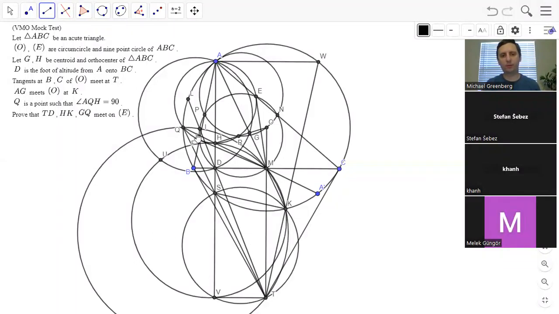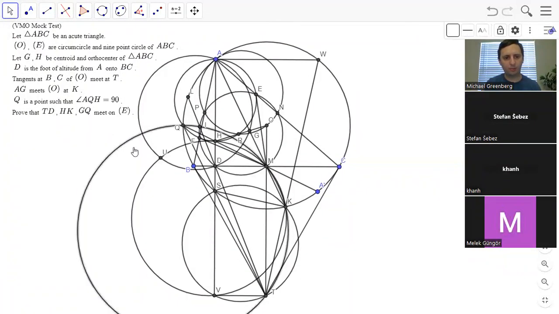Okay. So we still have to show I. So we've shown that this is cyclic. We think we can use it to prove that this and this are each cyclic.